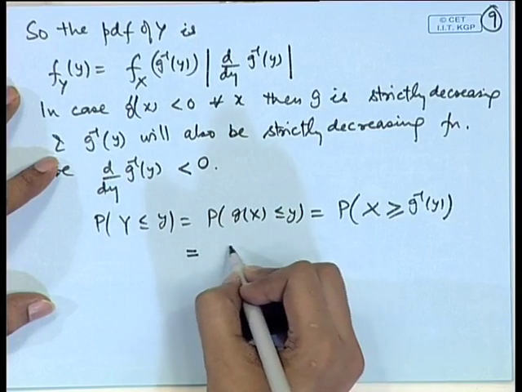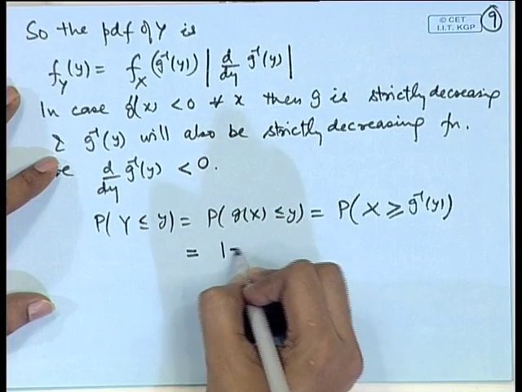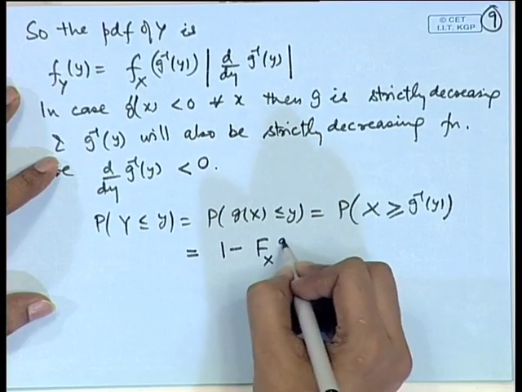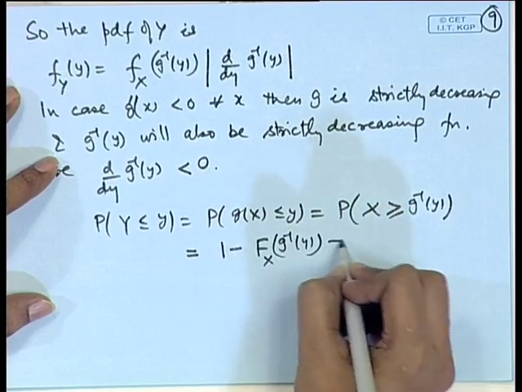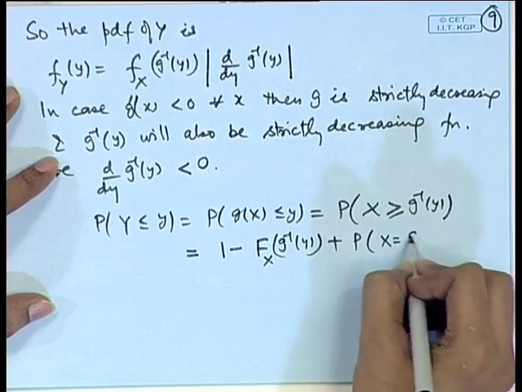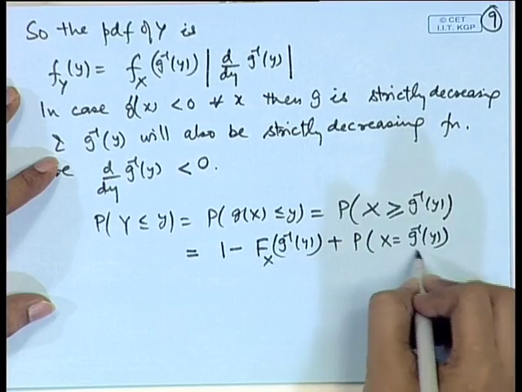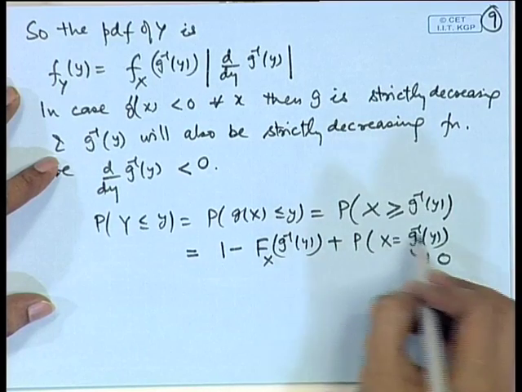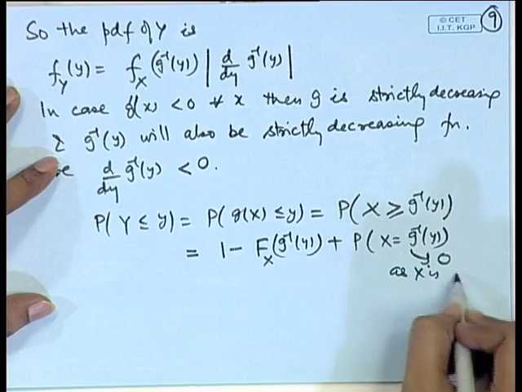So, which we can write as 1 minus F of g inverse y plus probability of X equal to g inverse y. Now, this term will be 0 because X is continuous.